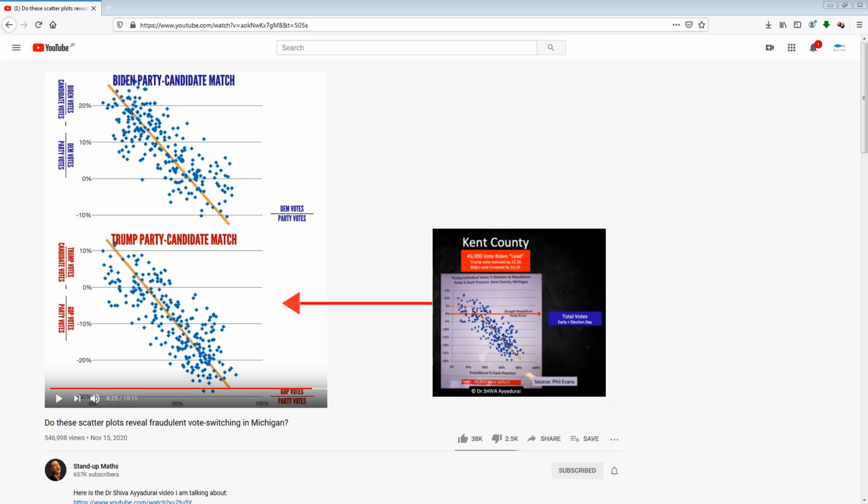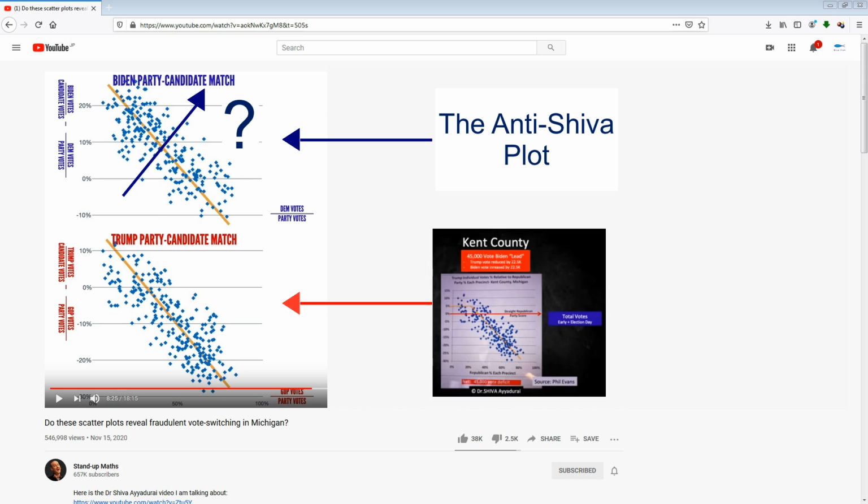Matt's logic is essentially, imagine there's an antimatter version of Dr. Shiva, the Anti-Shiva if you like, who decides to use the same theory but plots the equivalent Biden parameters instead. If the theory is consistent, this should show the same net vote shifts, and he produces the upper plot. Then Matt concludes that there should be an upslope on this Biden plot, and there isn't, so the theory isn't internally consistent.